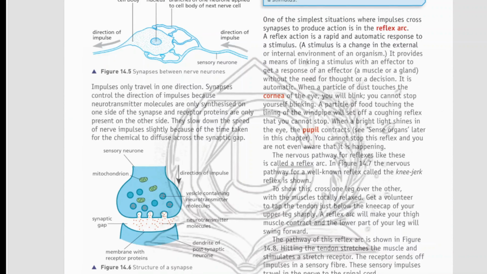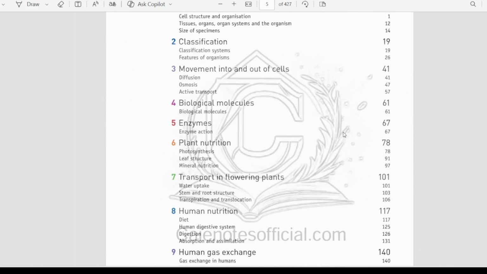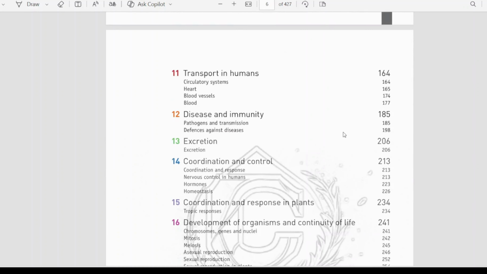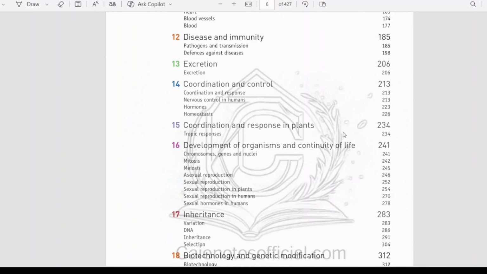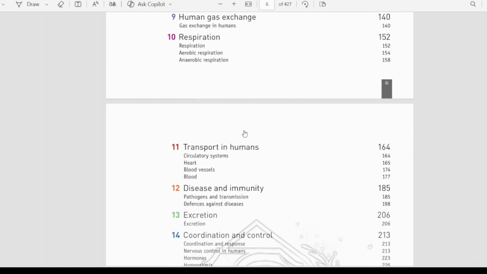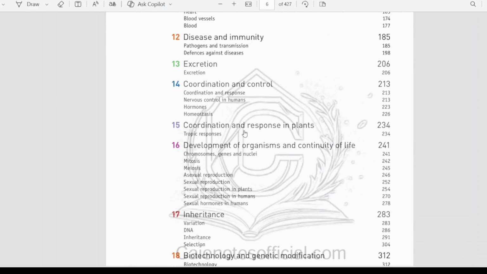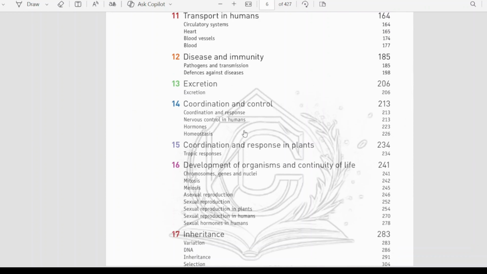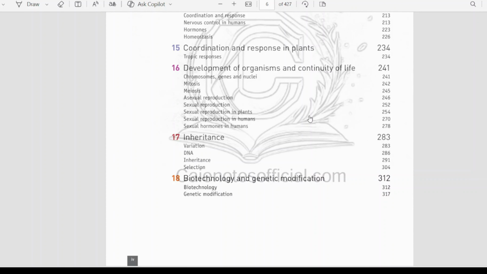Okay, coordination. It's in reproduction. Which chapter is the reproduction one? Where's the page number? Okay, here, 254.